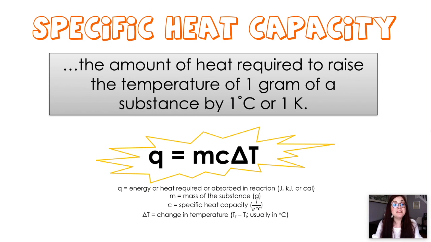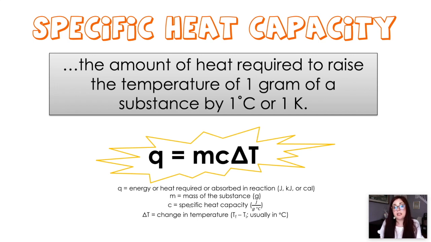Q equals mc delta T, where Q would be the energy or heat that's absorbed or released in a reaction. So Q would be the heat, usually in joules, kilojoules, or calories, some unit of heat energy. m is the mass of the substance. If I have a very large sample of something, it's going to release or absorb a lot more energy than a smaller sample. So the mass does in fact matter as well. And that's what lowercase m is.